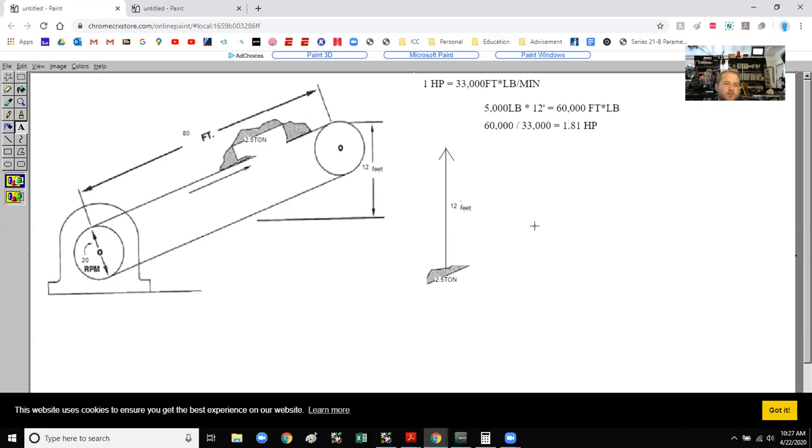What if I asked you what torque it was feeling on the shaft? In that case, you have to find the circumference of the pulley. A 3 foot diameter.